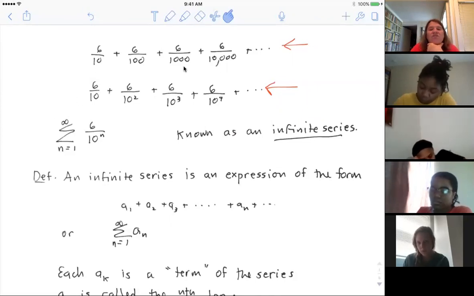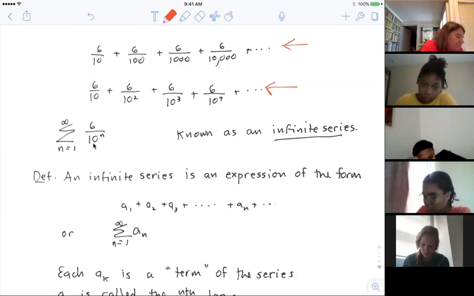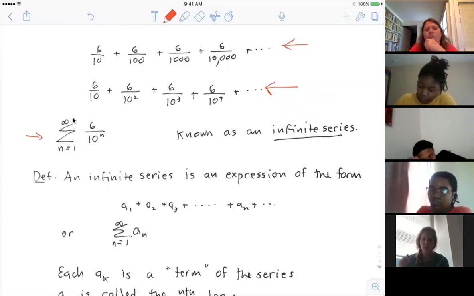When we want to write a sum instead of just individual pieces in a sequence, we write it like this. That sigma right there is read as the sum of. Raise your hand if you've seen this before, whether you remember it or not. Everybody's seen it, okay? All right, good. What it means is to start at n equals 1 and plug that value in. Like right here, I plugged in 1 and I got 6/10. Then the summation means to add the next term.